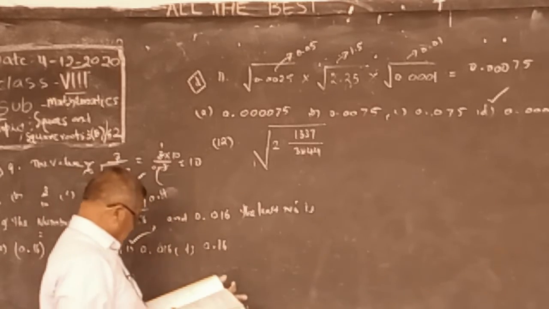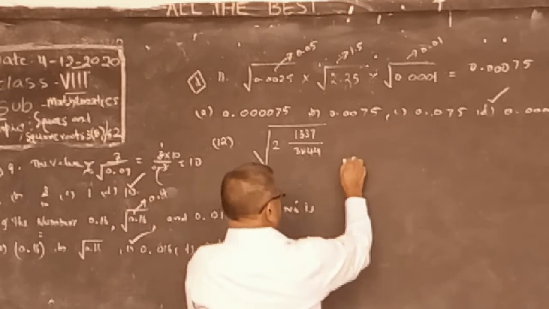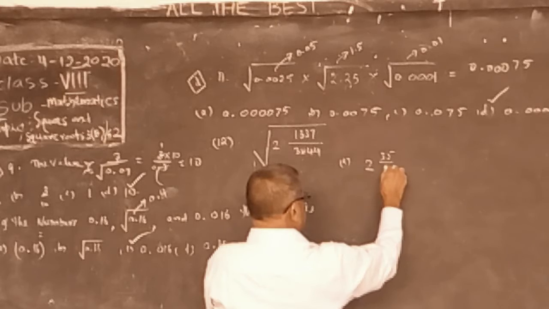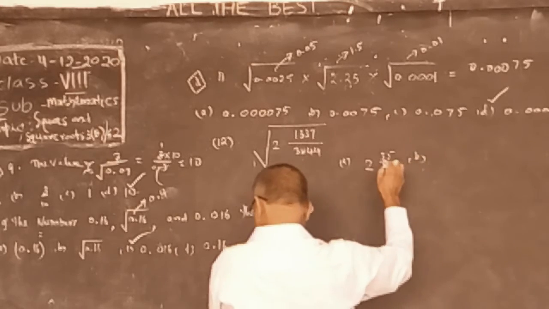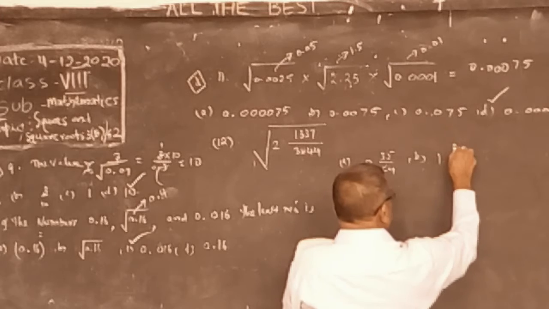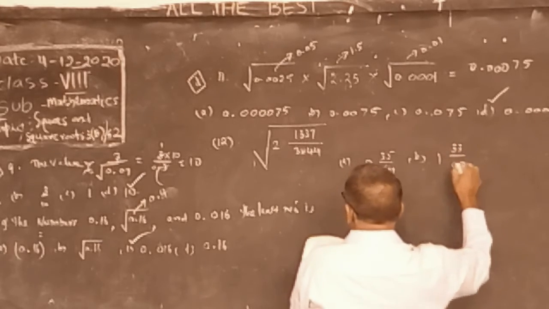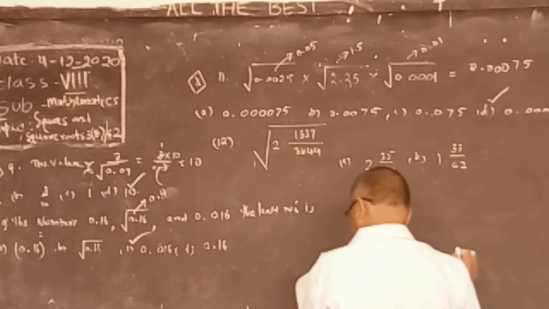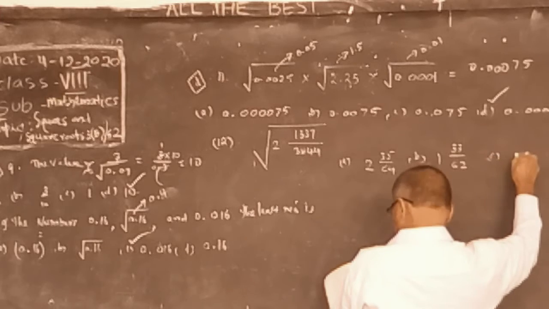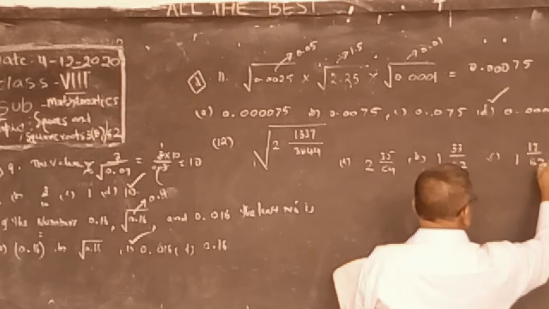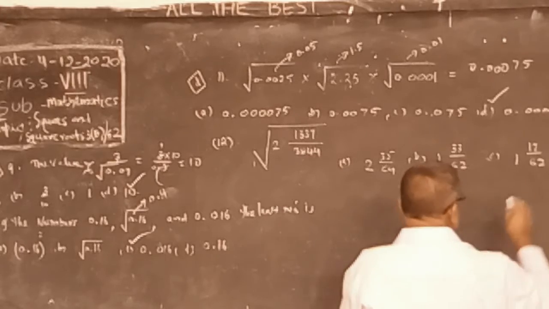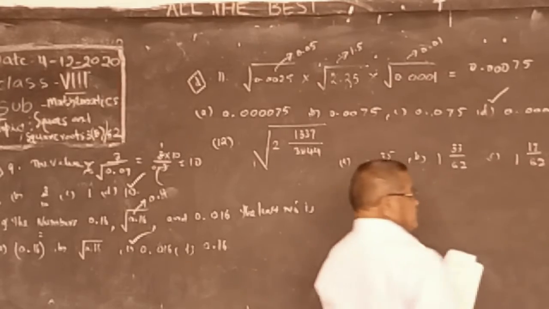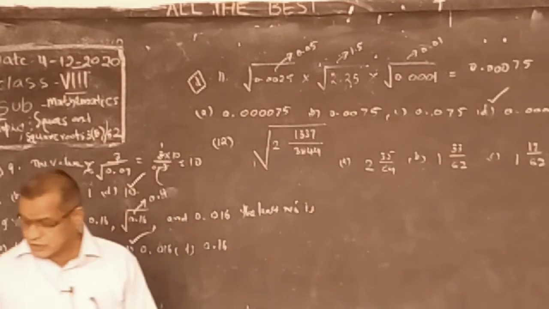Options: A 235 by 64, B 133 by 62, C 117 by 62, and D 223 by 62. Let us find the square root for the mixed fraction.